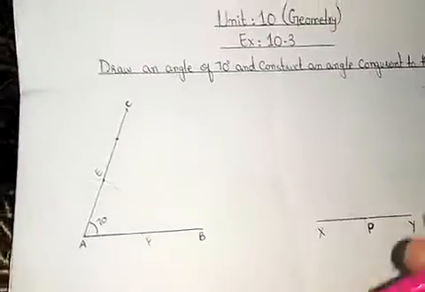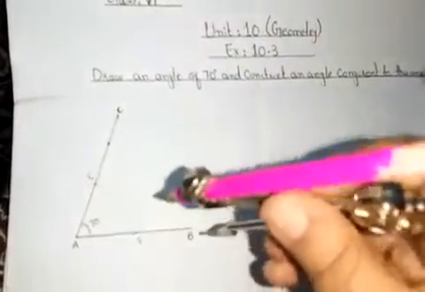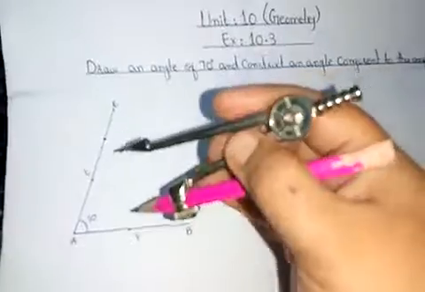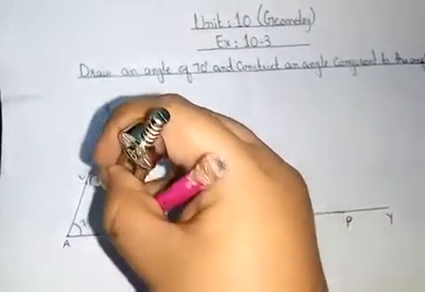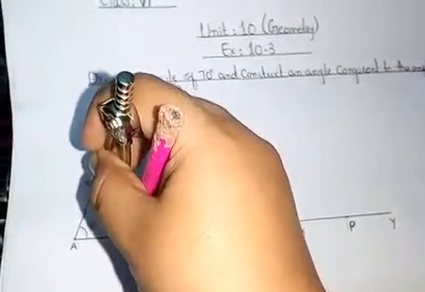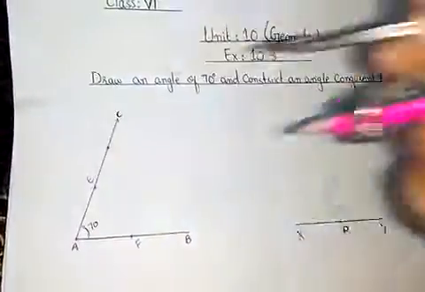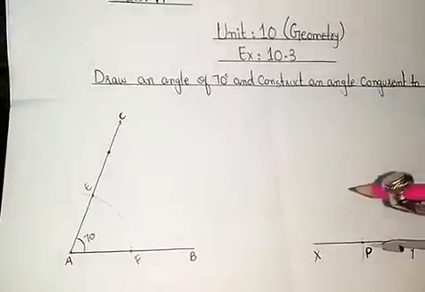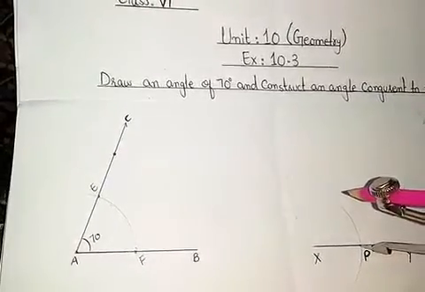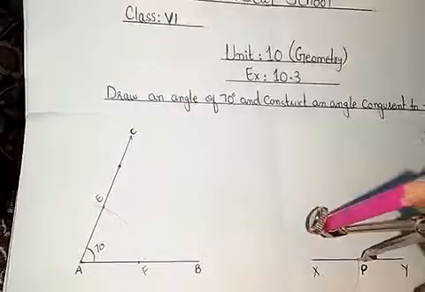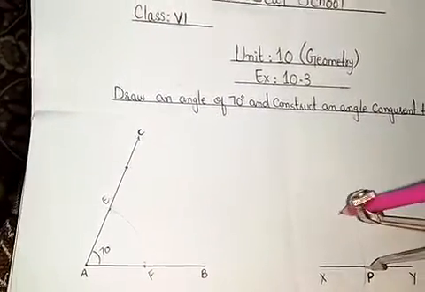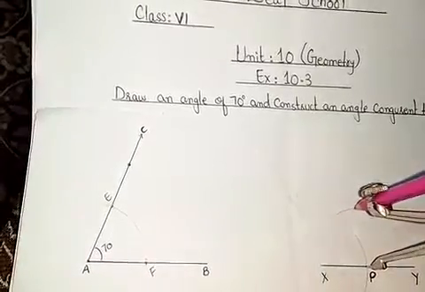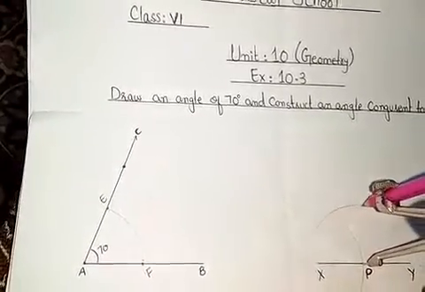After this, I have to open my compass with the same length as E and F. Then at point P, I have to make an arc which cuts the previous arc.